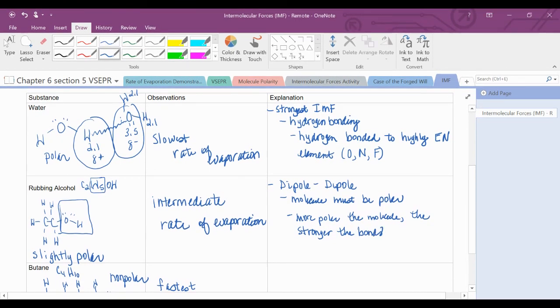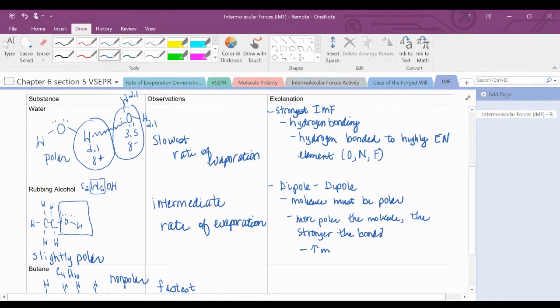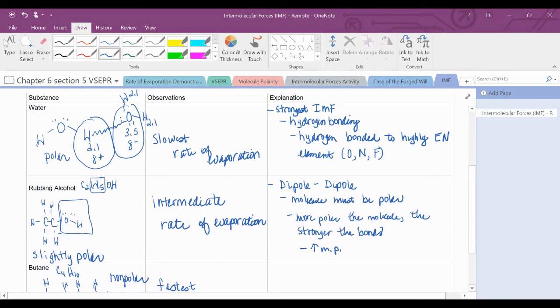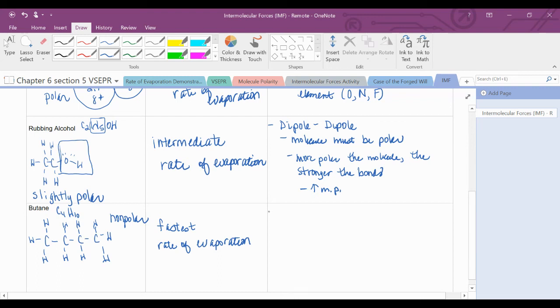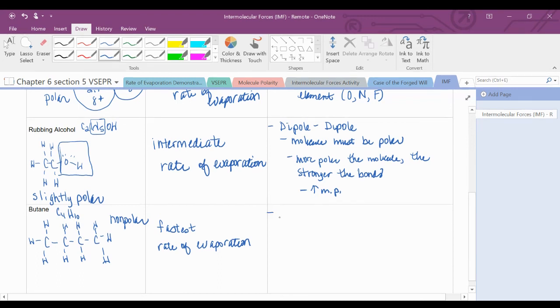And a really great indicator about strength of bonds that we looked at when we started chapter 6 is looking at things like melting point. So we see that if you have polar bonds, you typically have high melting points. All right, now, since butane evaporated the fastest, this tells us it has the weakest intermolecular force.